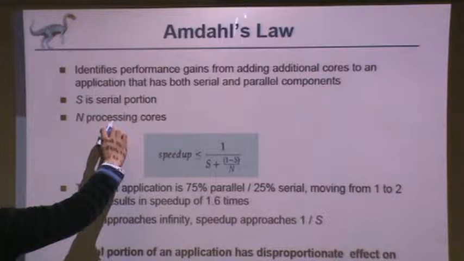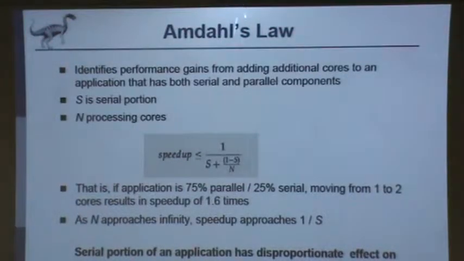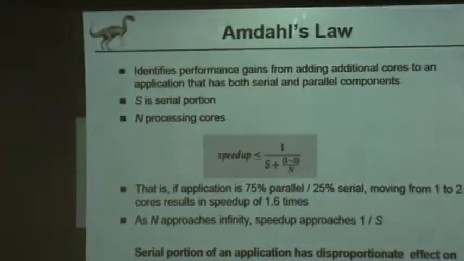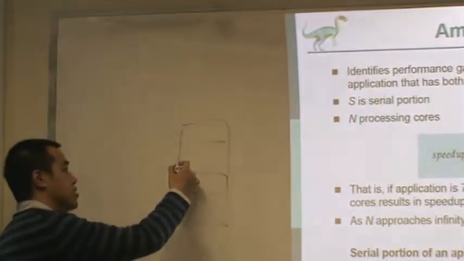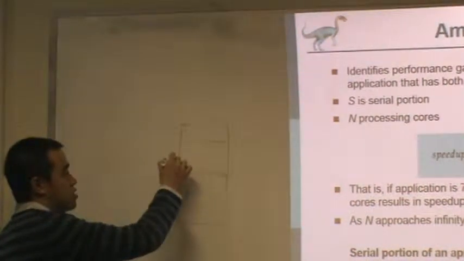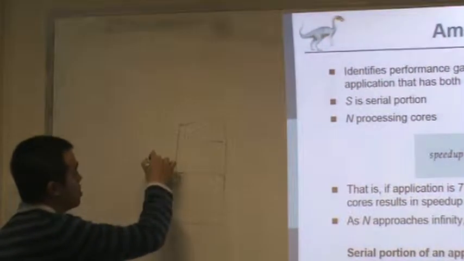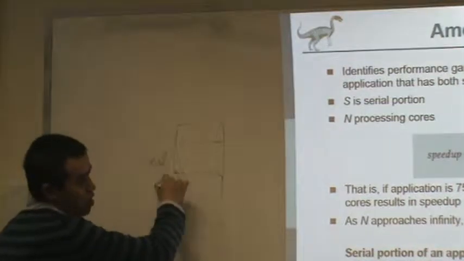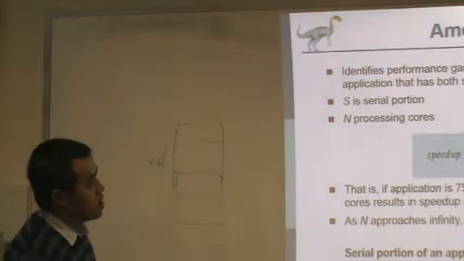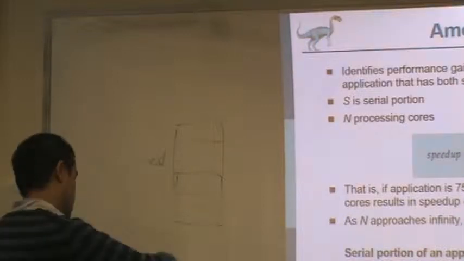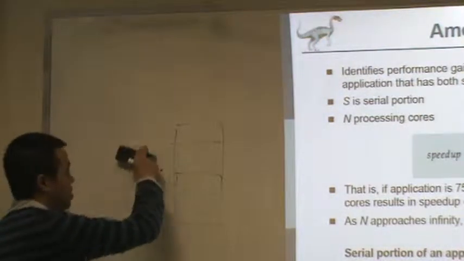So what does the serial portion mean? If you write code, this part may be in one thread. The other part is not serial, which means this part of the code can be parallelized.